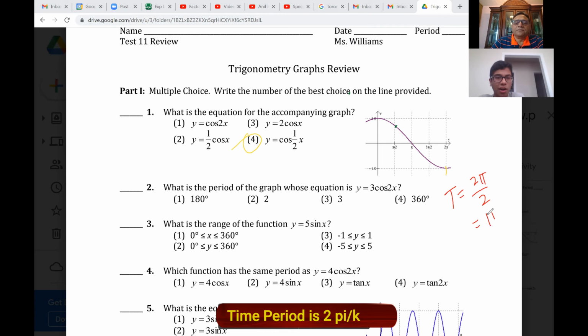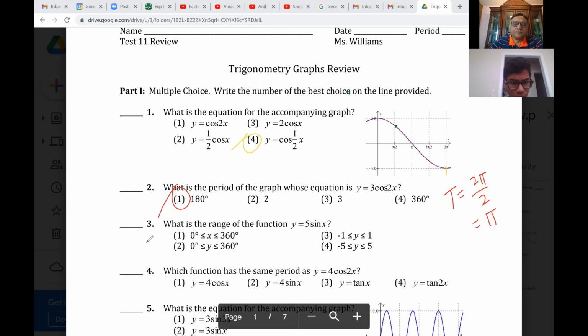So it's just pi, but we have to put it in degrees, I think. Next one. I think it's this negative 5. Both included, yes, that is correct. Next one.